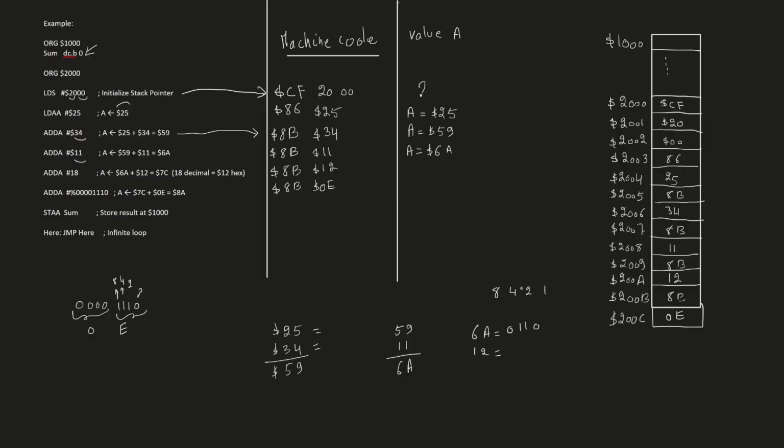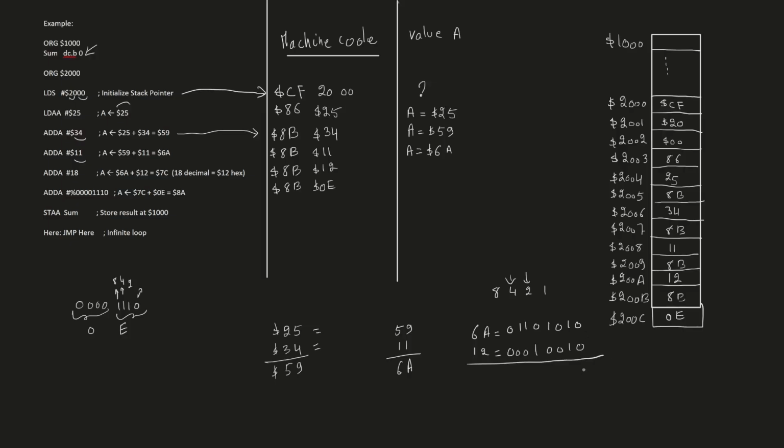So to make 6, you need to set these 2 bits to 1. 4 plus 2 is 6. And then A is the number 10. So to get 10, you need 8 plus 2. So in binary it will be 1, 0, 1, 0. 12, number 1 is 0, 0, 0, 1. And then number 2 is just this bit. So 0, 0, 1, 0.